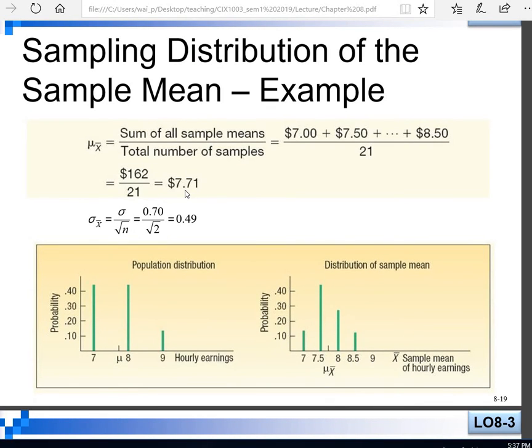Then we get 7.71. If the question asks what is the standard deviation for the sampling distribution, that is the standard deviation divided by the square root of n. Then we get 0.49.